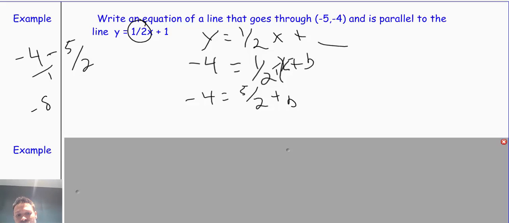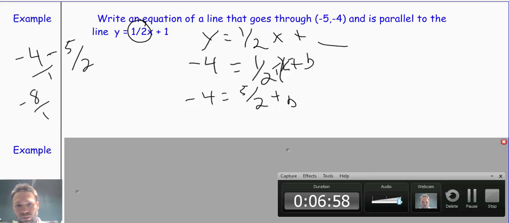So it gives me -8 over 2 minus the 5 over 2. And so now I just subtract the tops. -8 minus -5 is -13 over 2. And that is my new y-intercept. -13 over 2 is my new y-intercept.